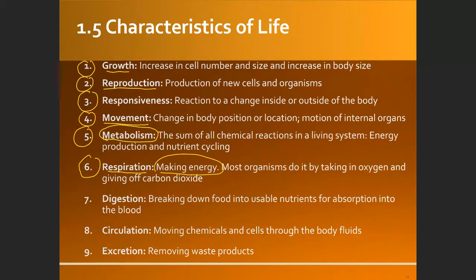Digestion: some animals, like humans, perform this activity, where we break down big molecules into smaller molecules and we absorb them, and then we use them inside the cell to make bigger molecules. And then there is circulation in the human body, and in animals excretion, which is the removing of waste products. These are characteristics of human life or animal life.